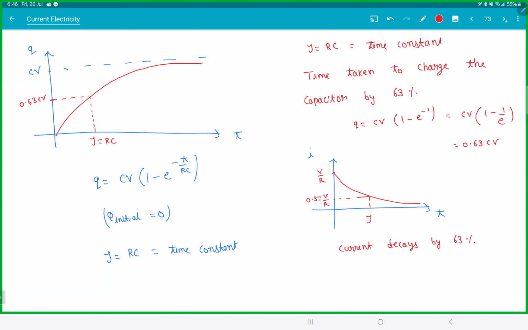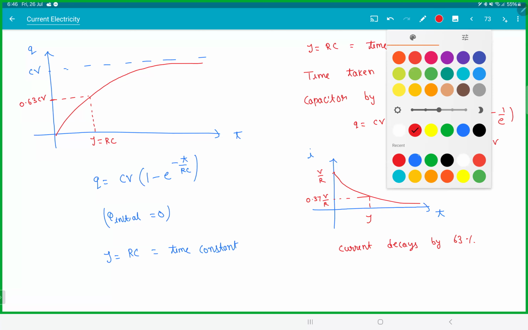No, this is not half-life. Half-life is something else. Half-life is for the RC discharging circuit.